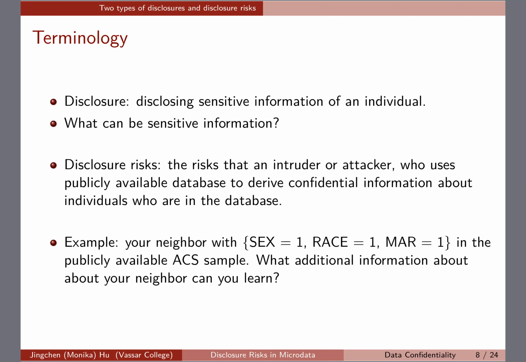Let me pause here for a second. When you know just 3 variables of your neighbor, in this case a white married male, what additional information about your neighbor can you learn?